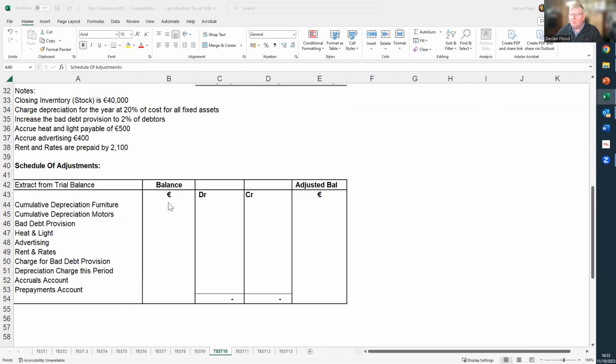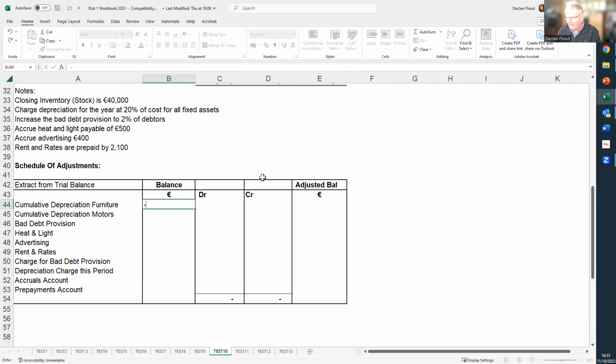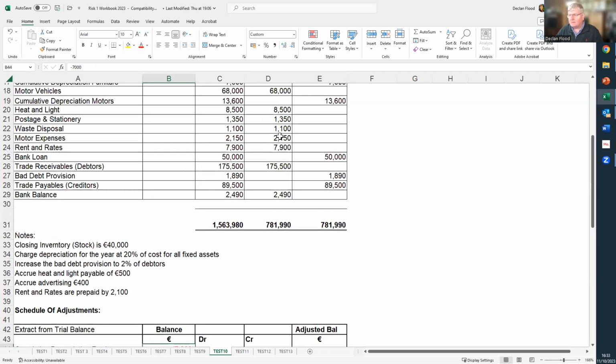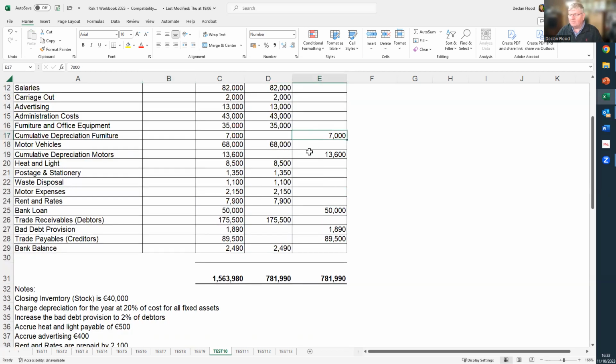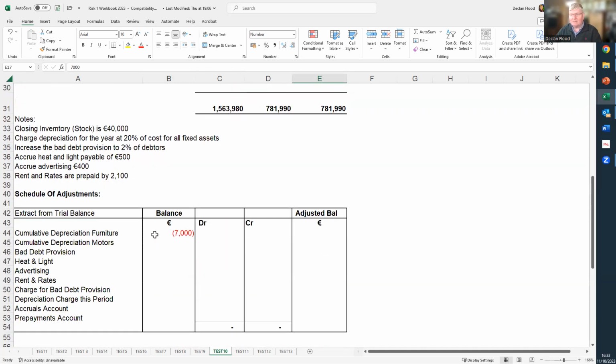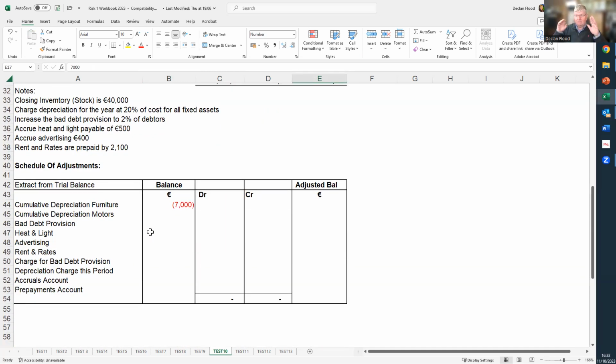So what we know from the trial balance is that we had 7,000 in our depreciation for furniture, because it told us that up here, that we have cumulative depreciation of 7,000 in furniture. So that's what we had in the accounts last year, and that showed the picture perfectly.